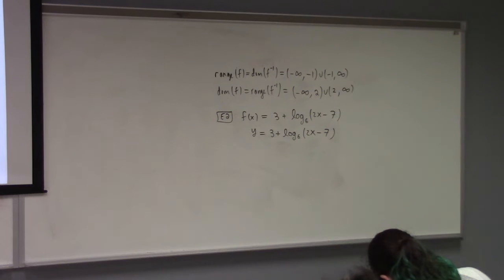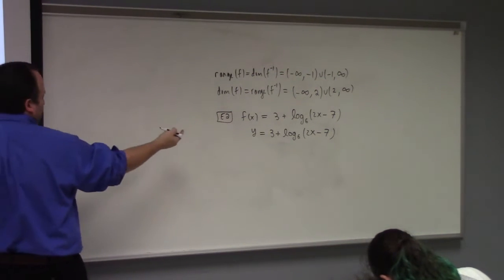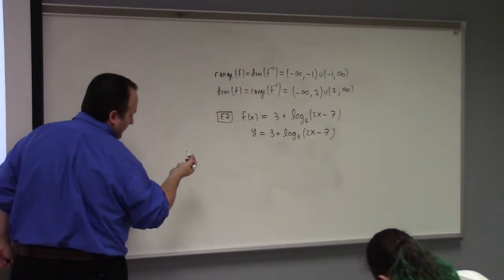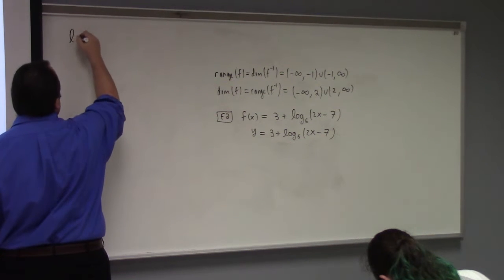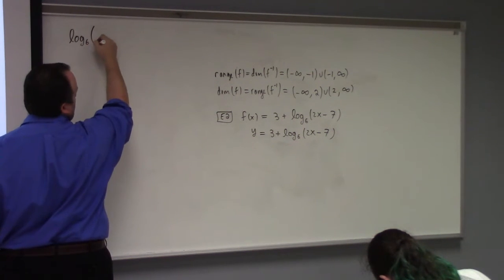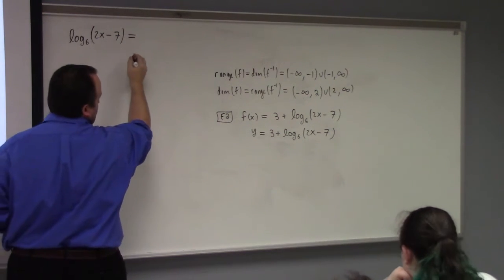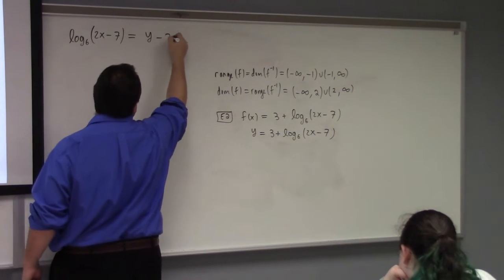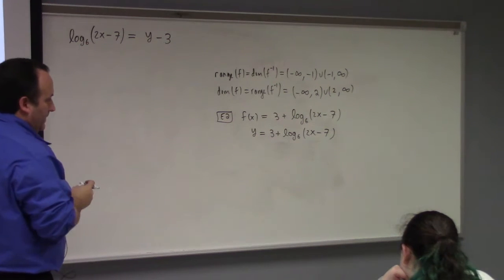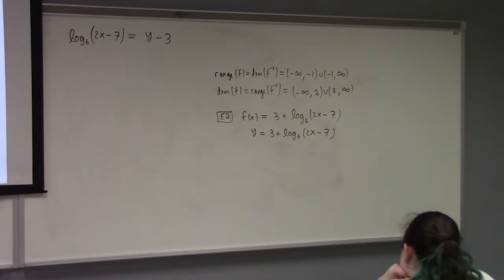Okay, so I'll write it again up here. I'm going to subtract 3 to the other side. Surely we can do that, right? So I'm going to write log base 6 of 2x minus 7 is equal to y minus 3. So then what?